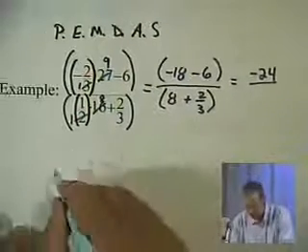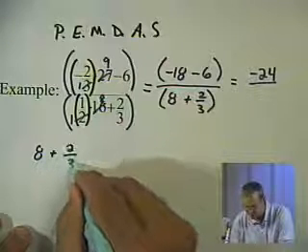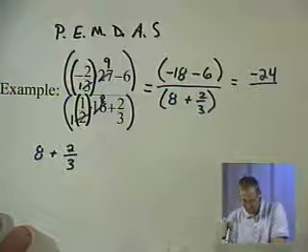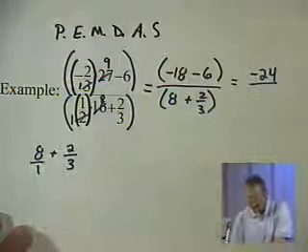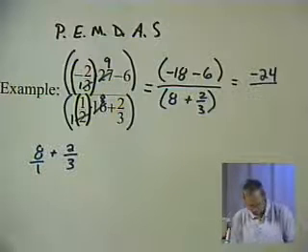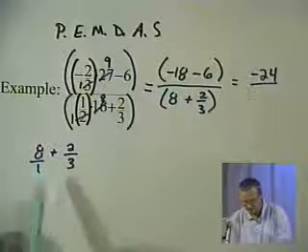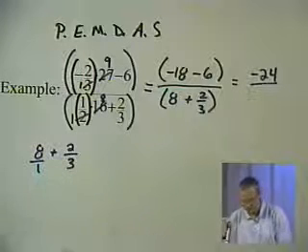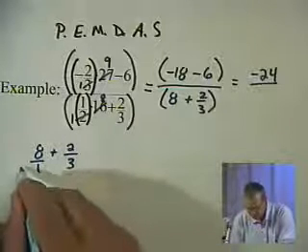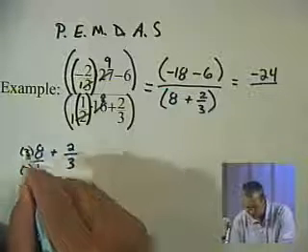So let's come down here. This might be on scratch paper, and I'll try to simplify 8 plus 2/3. This will be good review for adding fractions together. Certainly I can write 8 as 8 over 1. And what we need to do when we add fractions together is we have to get a common denominator. My common denominator in this case is going to be 3. So I'm going to need to change this one to a 3, and I can do that by multiplying the top and bottom by 3.